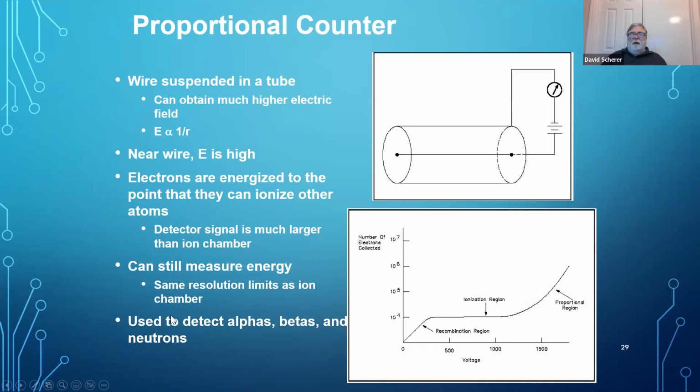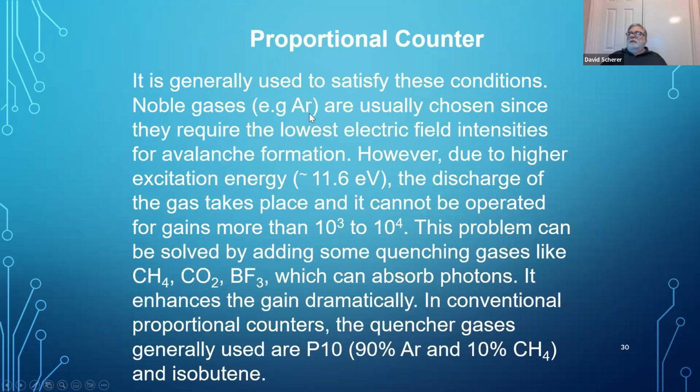It can detect beta particles or electrons, alpha particles, and neutrons. Generally, the gas that's used for this is a noble gas, such as argon, because they allow the most amplification. They can achieve gains of 1,000 to 10,000, as I said already.